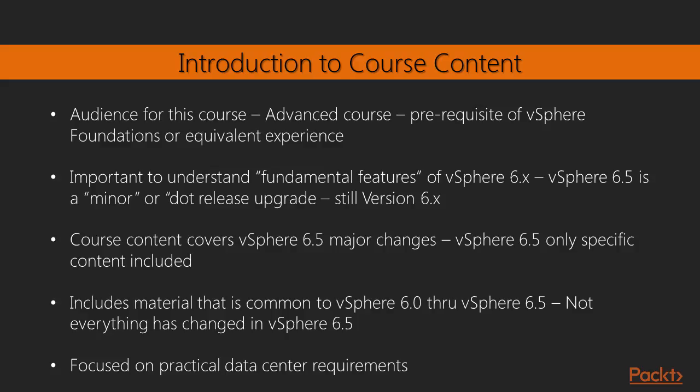But it does not mean that vSphere 6.5 changes everything in vSphere 6. There are advanced and new capabilities that have been added to vSphere 6.5. There have been some under-the-cover changes, especially in storage. There is a new VMFS version 6 file system as an example, and there has been a lot of tuning that has been done as well.